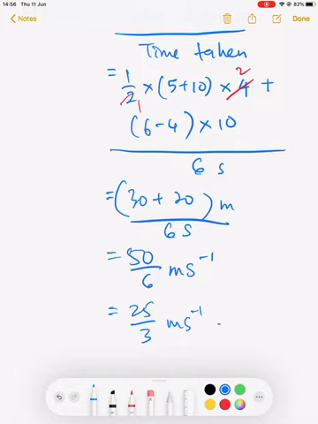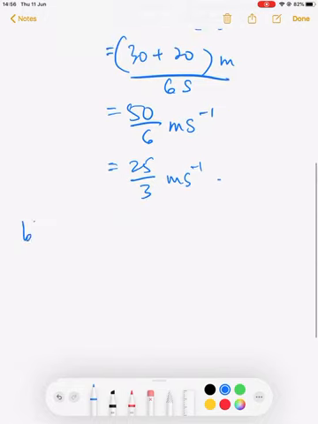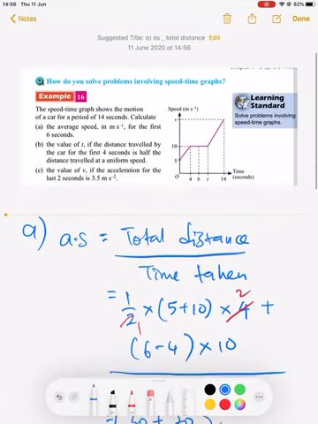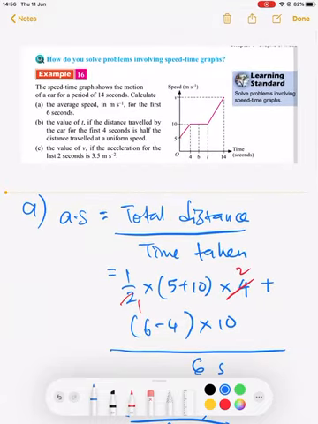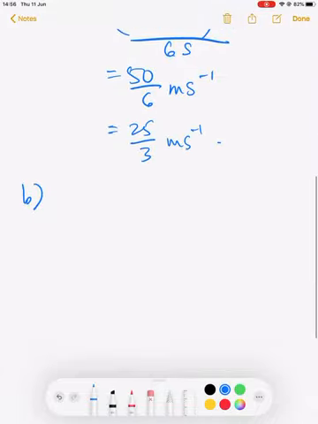Next, the value of t. Distance travelled by the car for the first 4 seconds. The first 4 seconds is the first trapezium, the smaller trapezium. It was 30 just now.